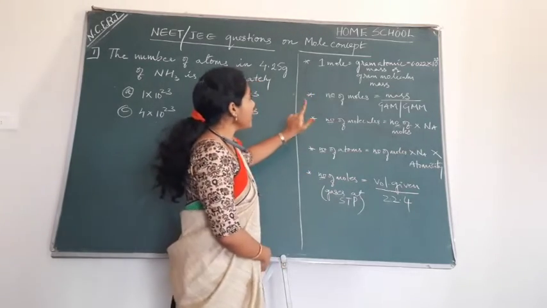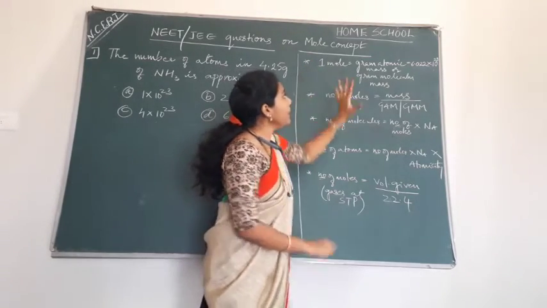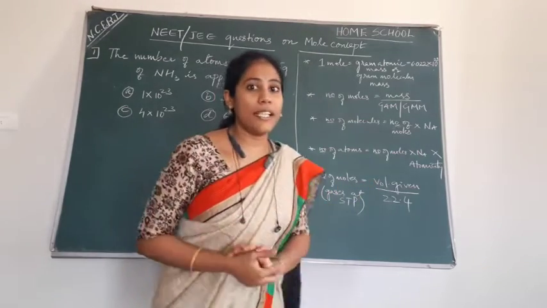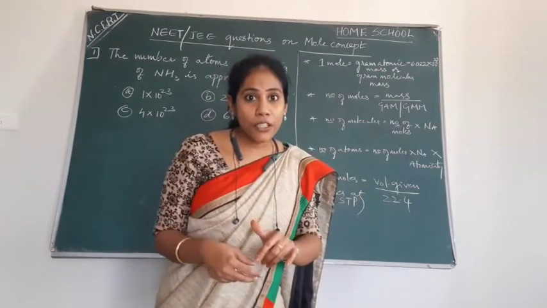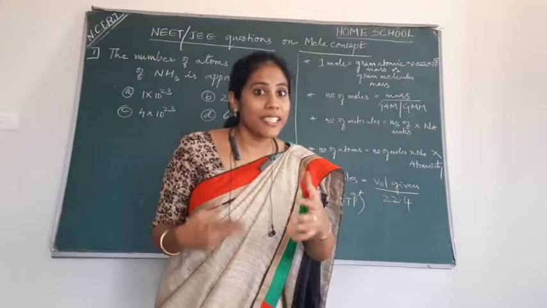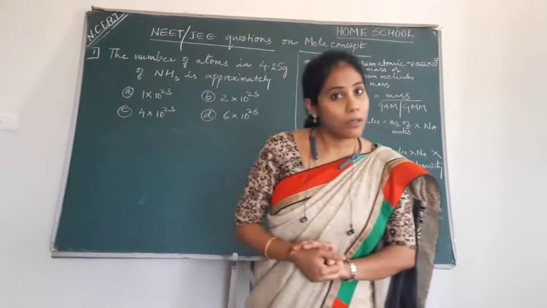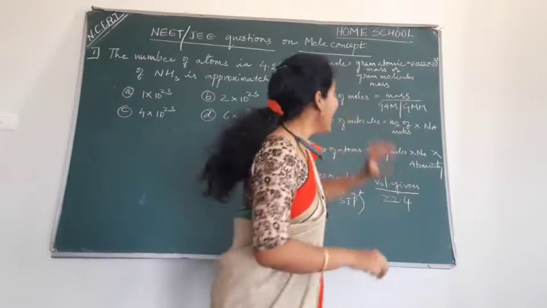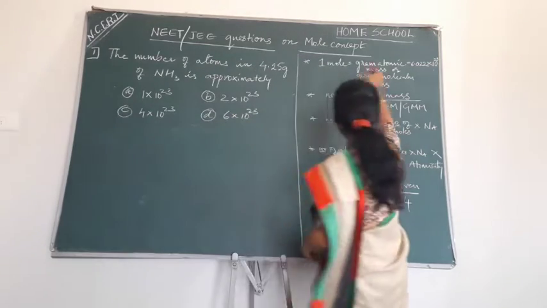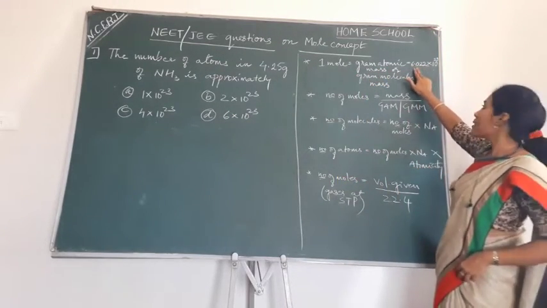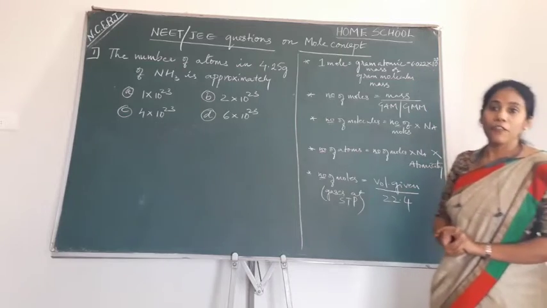Always remember, 1 mole will always be equal to the gram atomic mass of a particular element, or if it is a molecule, it will be equal to the gram molecular mass of the molecule. And 1 mole will always have a number of particles equal to 6.022 into 10 to the power of 23.